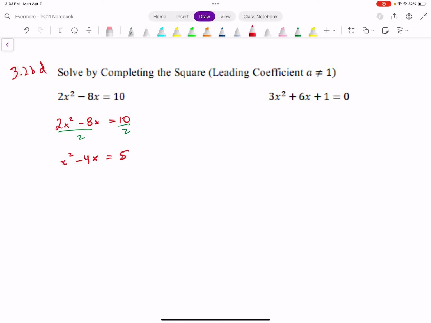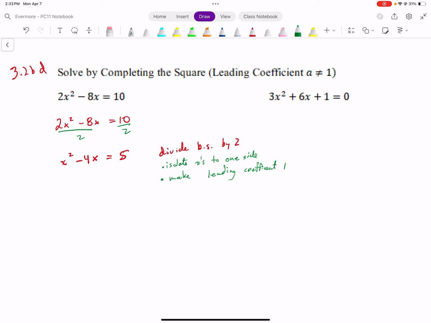In essence, generally, I want to isolate the x's to one side, which actually occurred in that first step. And I'm going to make the leading coefficient one. So I did that by dividing by 2.